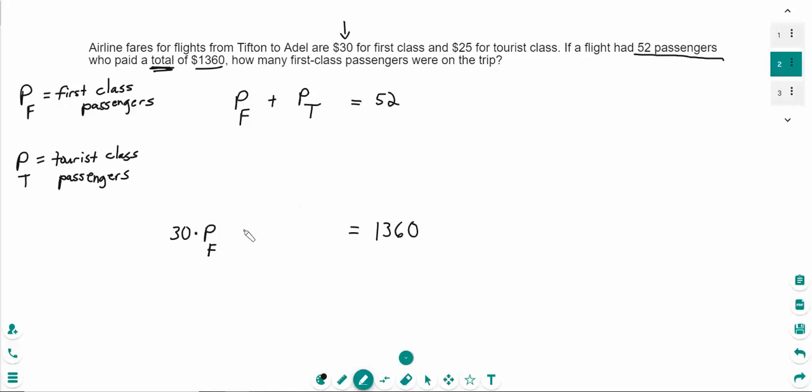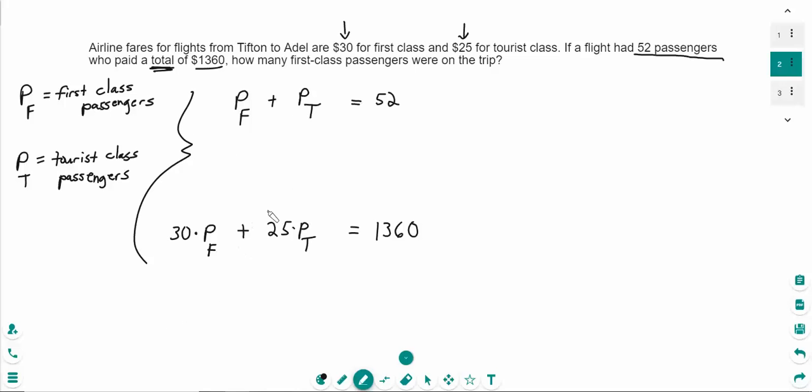And then I would add that to $25 times the number of tourist class passengers. That's how I would do that, right? To get this total expenditure for all of the passengers. Okay? So that would be our second equation. There we go. There is our system of equations.